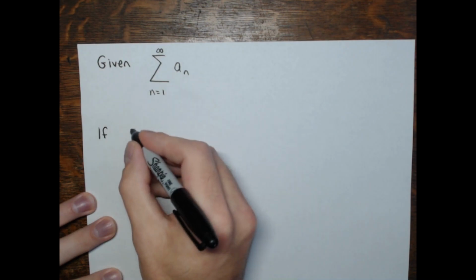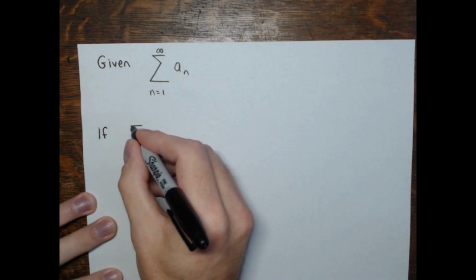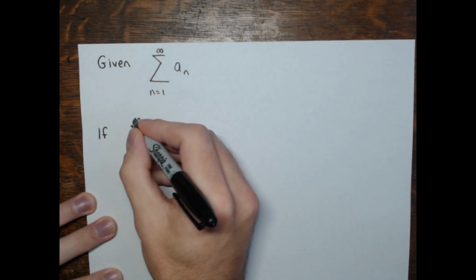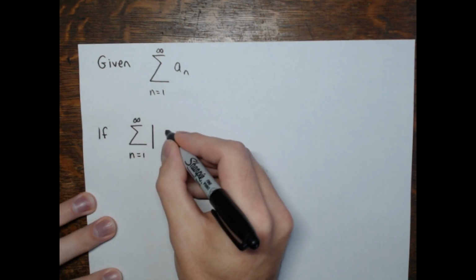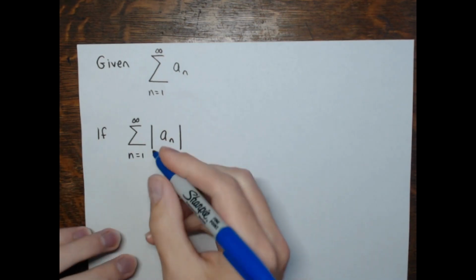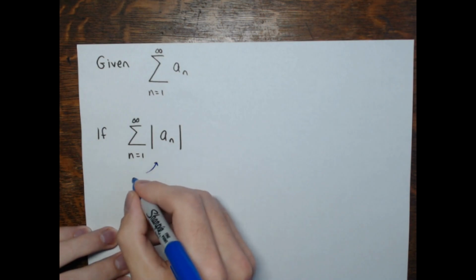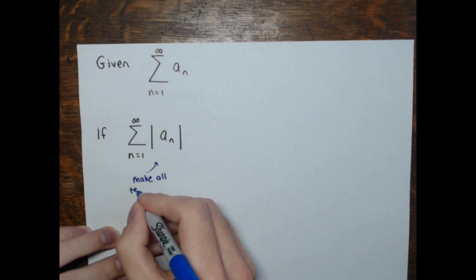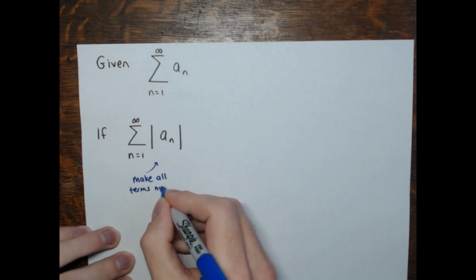If I were to make all the terms positive or non-negative, so take the absolute value of every single term, so this is, make all the terms of our series non-negative.